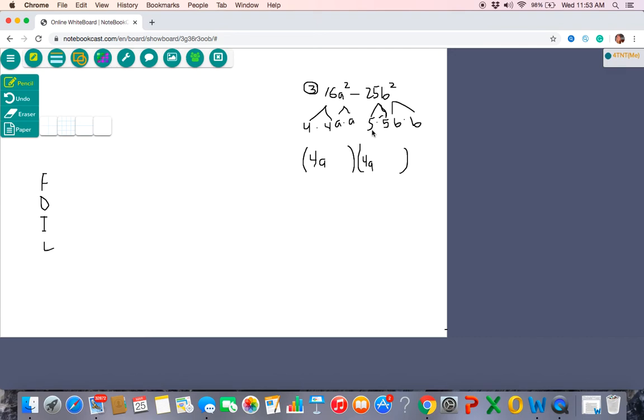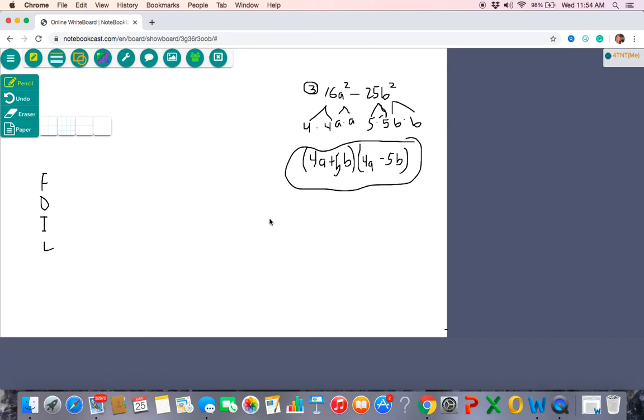And then I'm going to come over here and go positive 5b times negative, so minus 5b. And that should be my answer if I've done it correctly.